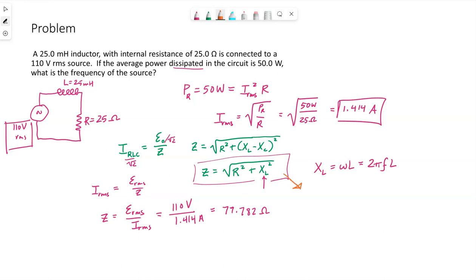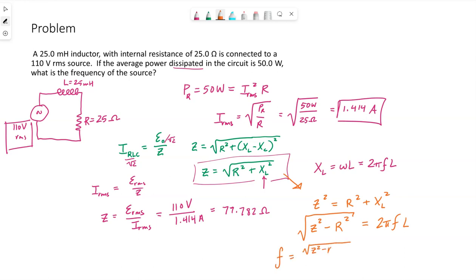let's come back here. If we square both sides, I can bring the Z squared and the R squared together. And this will equal XL, which is 2 pi FL. I want frequency.